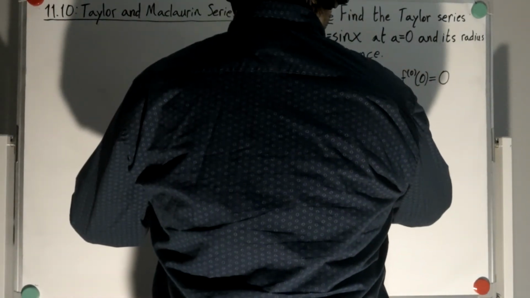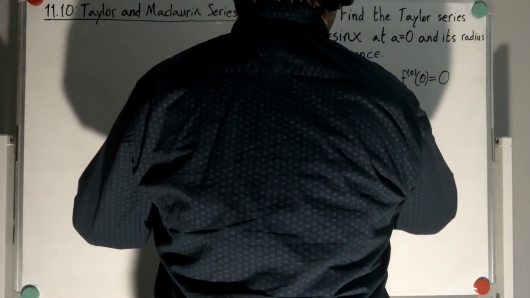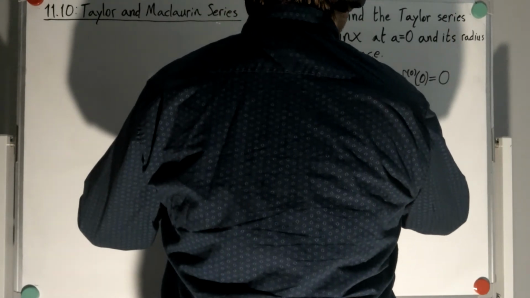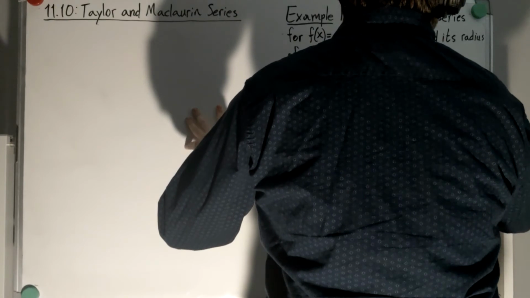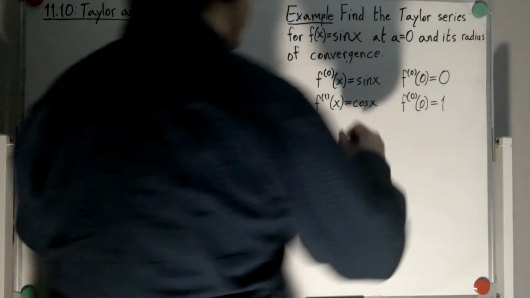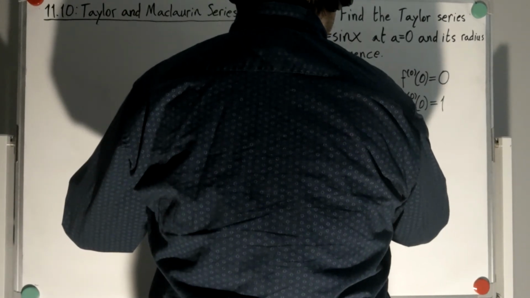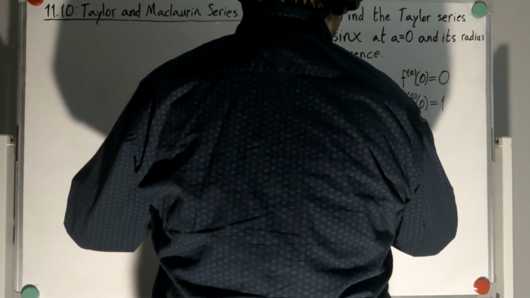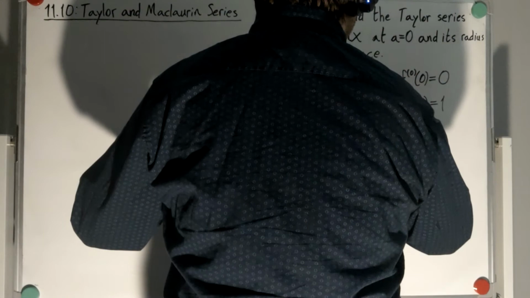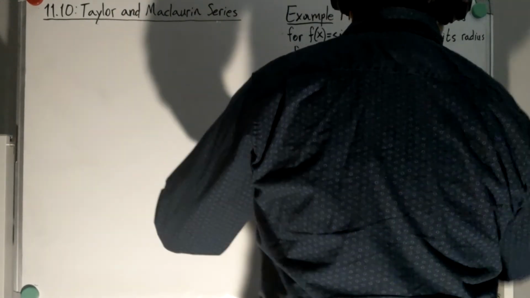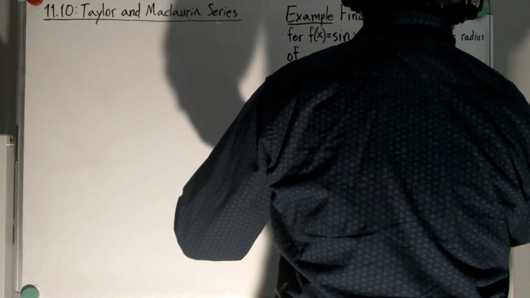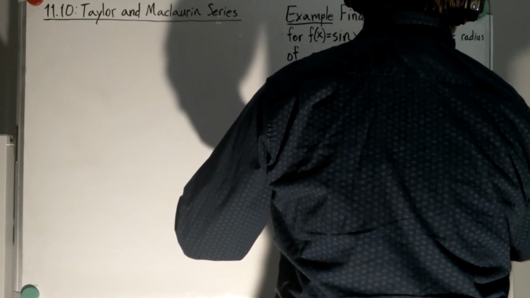You take one derivative, you get cosine of x. Evaluate that at 0, and you get 1. The second derivative is negative sine of x. This should be the first derivative evaluated at 0, actually, and this is the second derivative evaluated at 0.